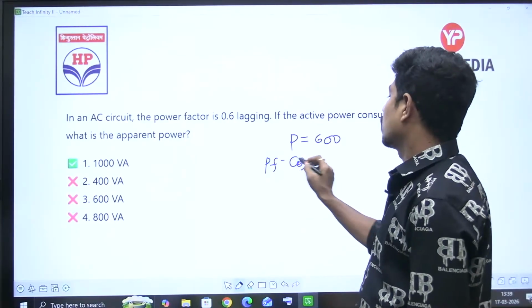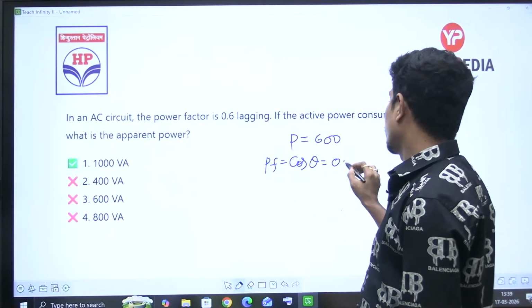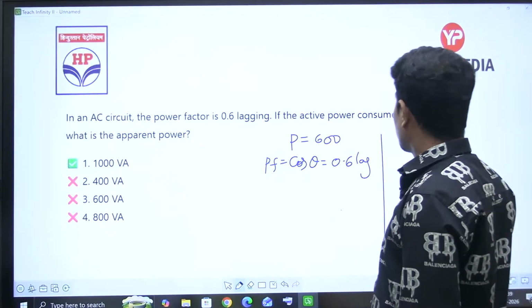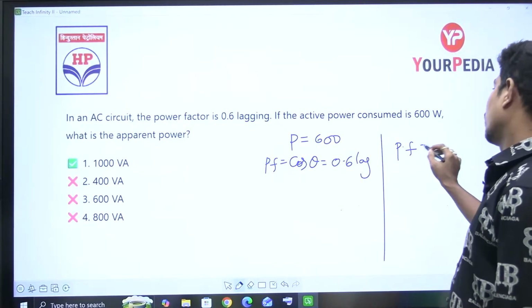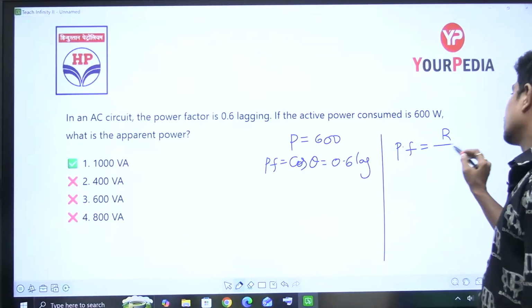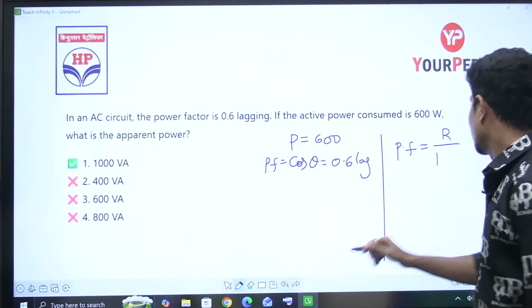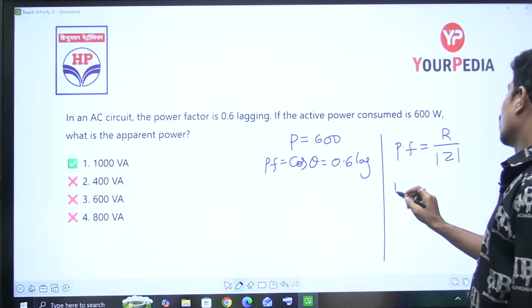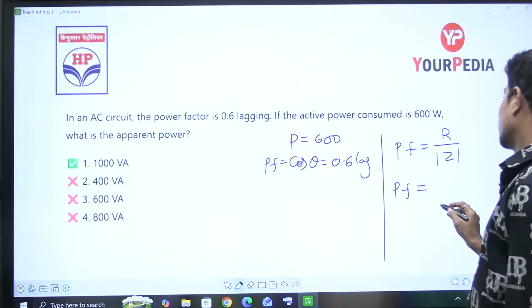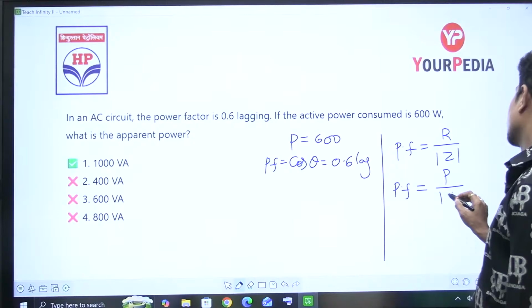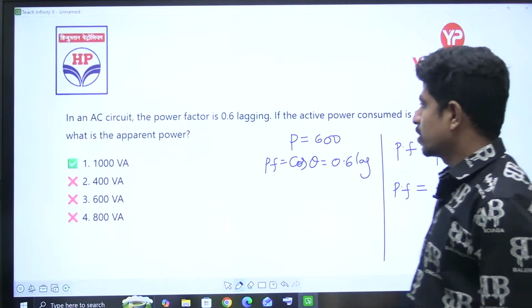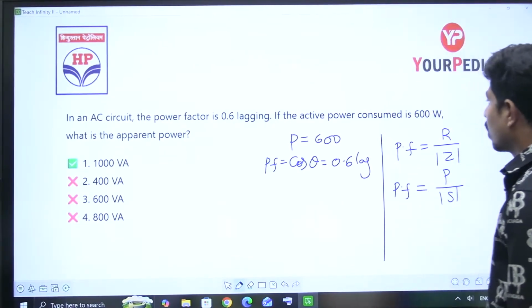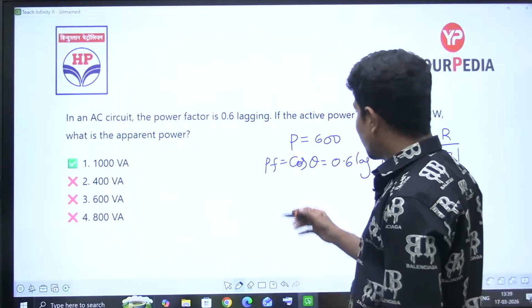Power factor is equal to cos theta is equal to 0.6 lag. Another formula for power factor is resistance by impedance magnitude, or another formula is P by magnitude of S, right? If the active power consumed is 600 watts, then what is the apparent power?